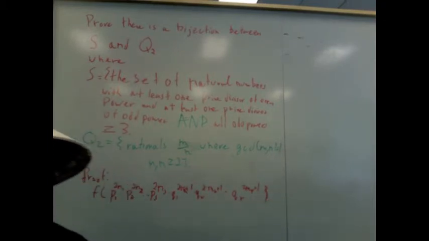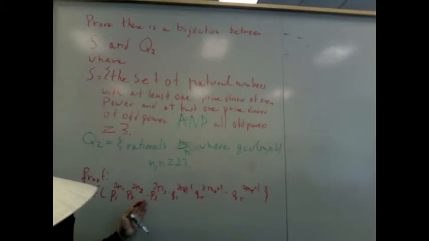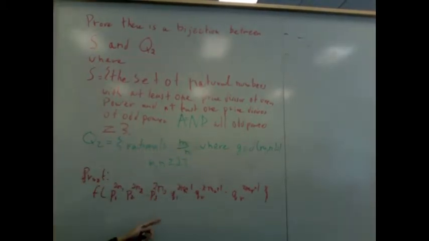Not rocket science. This is the fundamental theorem of arithmetic applied to natural numbers greater than or equal to 2, and just take the even powers here and odd powers there. These are distinct forms, by the way.